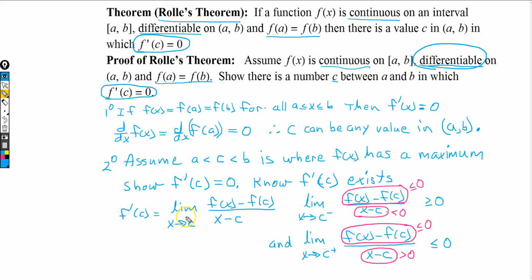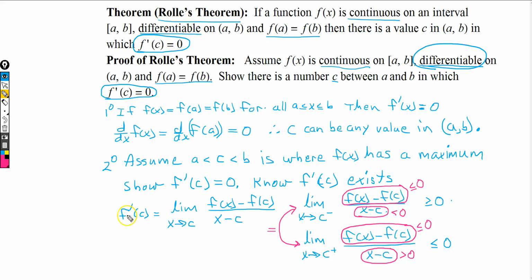So, now, if the full limit exists, that means that the left and right hand limits must exist, that these two values must exist and be equal. Well, if one of them is bigger than or equal to 0, and the other one is less than or equal to 0, the only way both of these can exist and be equal to each other is if they're equal to 0.